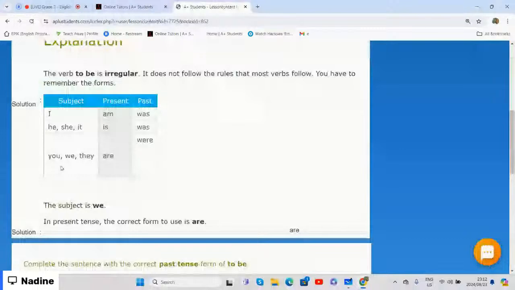And here we have an example of either present tense or past tense, right? So we're not going to be focusing on the future tense. Yes, and that sentence, it was. Well done.